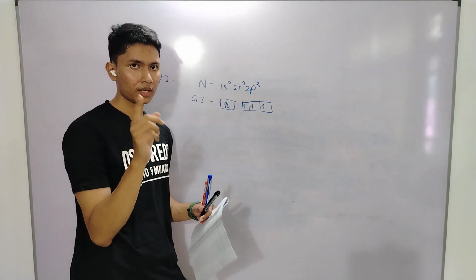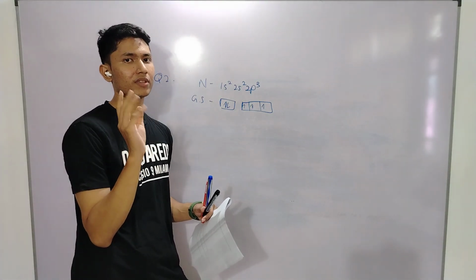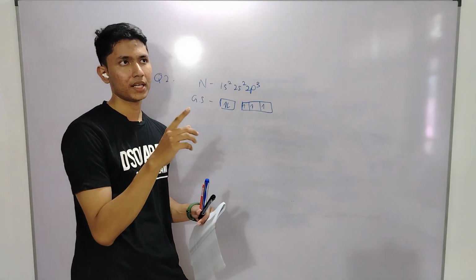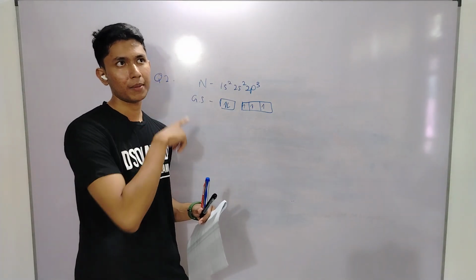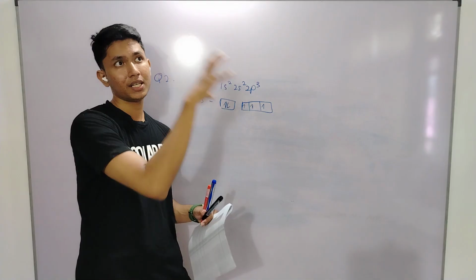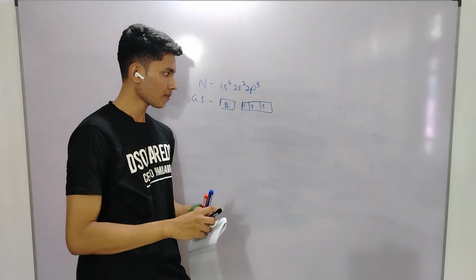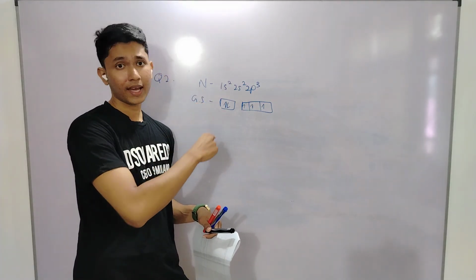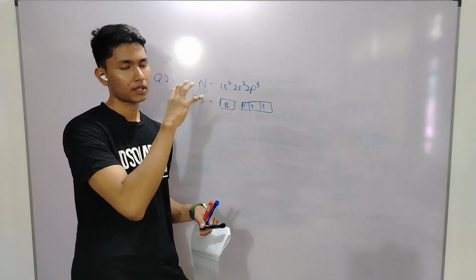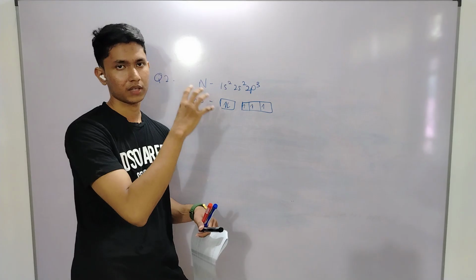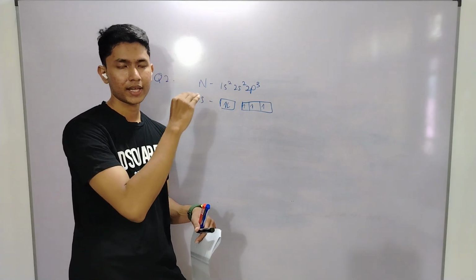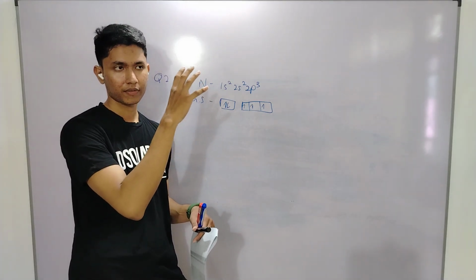An empty orbital and a completely filled orbital of the same main energy level, say the same second energy level or the same third energy level. Does this have a completely filled orbital of the same energy level? Yes. Does it have an orbital that is not filled of the same energy level?